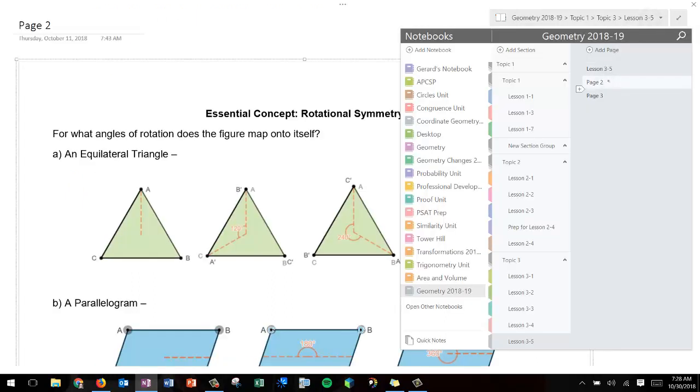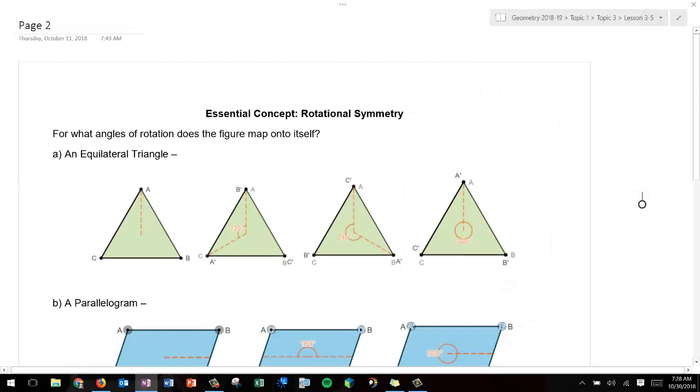Okay. Now, the second type of symmetry that's less familiar is called rotational symmetry. In other words, how can I rotate a figure and have it copy or be the same thing as itself? So if we look at this equilateral triangle where all 3 sides and all 3 angles are the same, if I were to turn the figure 120 degrees, that first turn, I get the same thing back. And then if I turn it 240 degrees, I get the same thing back.